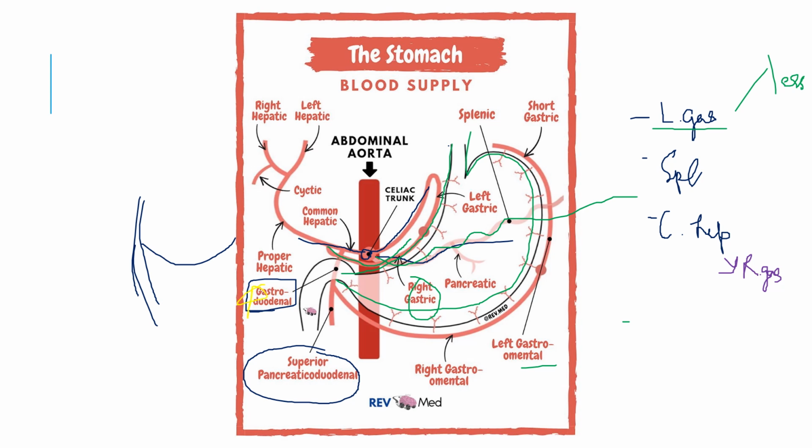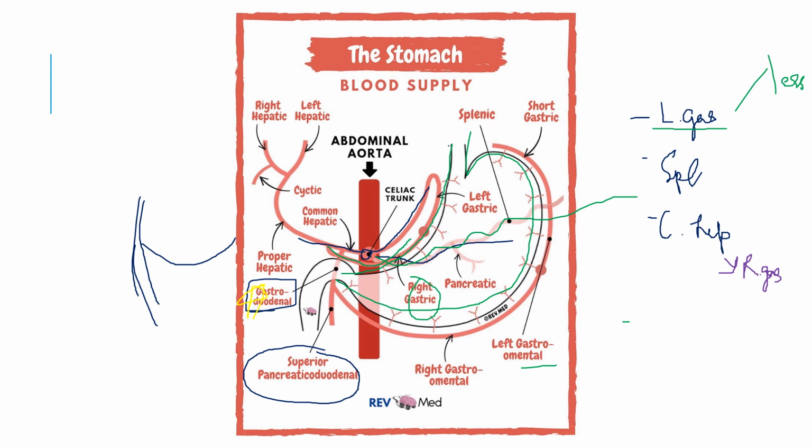This is an important point. The greater curvature is supplied by the left gastroepiploic and right gastroepiploic, the right coming from the gastroduodenal artery and the left from the splenic artery. The splenic artery also gives a pancreatic branch, and short gastric branches.